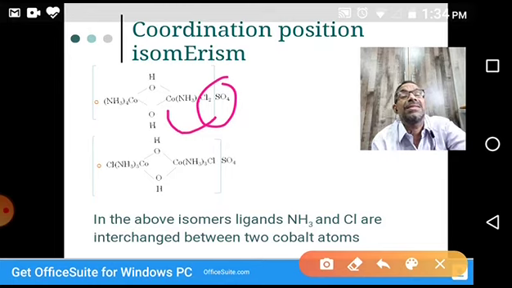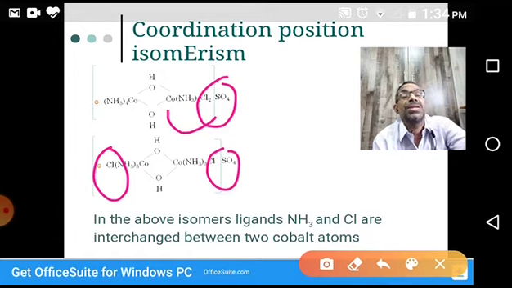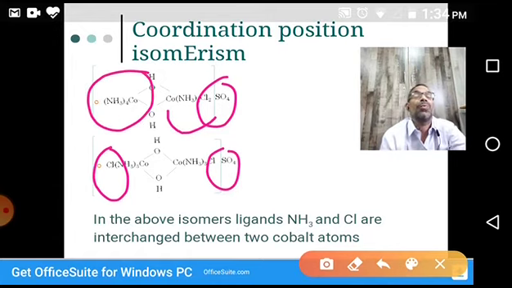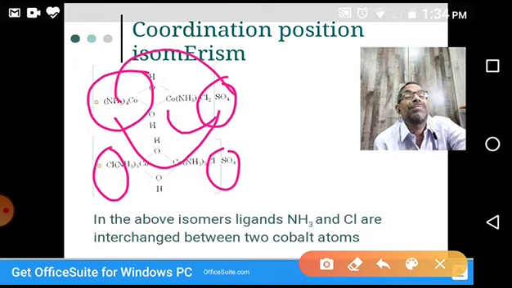In this case we have only 1 Cl. In this case cobalt is linked to 4 ammonia molecules. This is the explanation. In the above isomers, ammonia and Cl are interchanging between the two cobalt atoms. Chlorine is going from here to here, and this ammonia molecule is coming here.